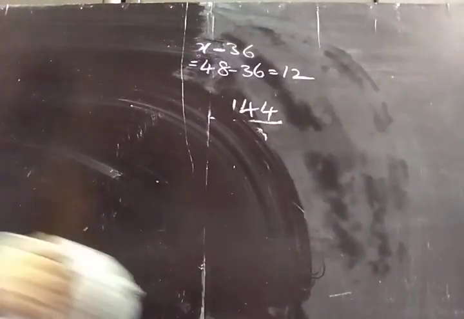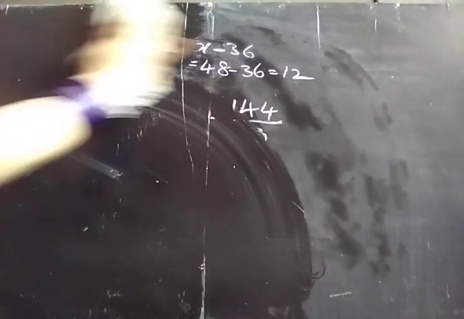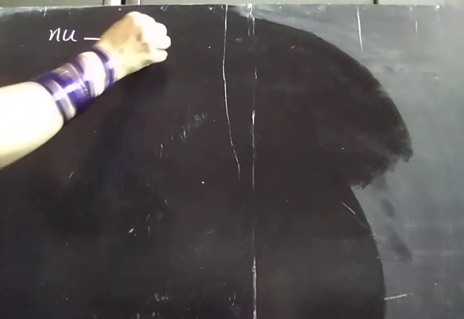Now, next question. The numerator of a fraction is 4 less than the denominator. Numerator let it be x.